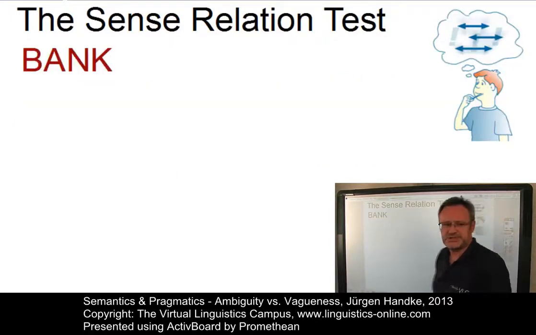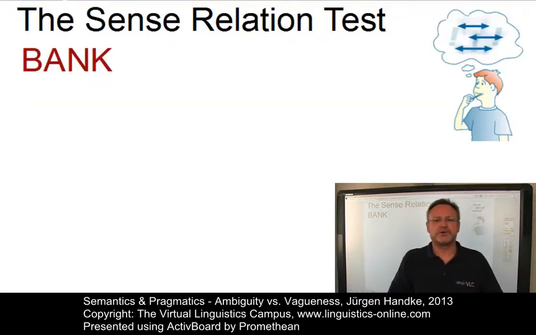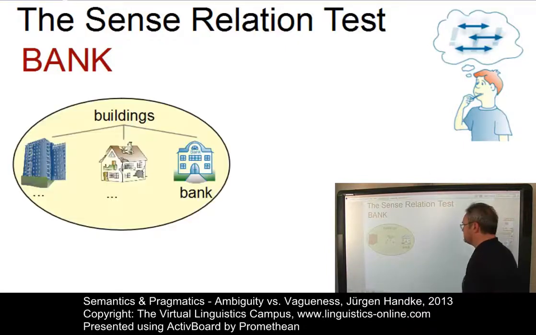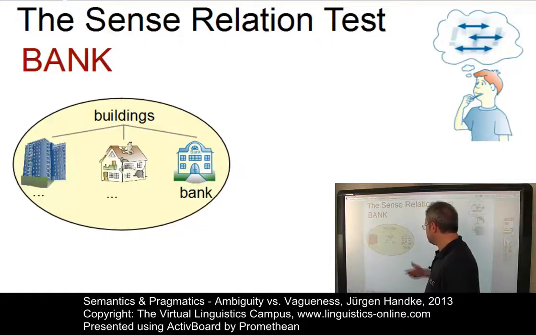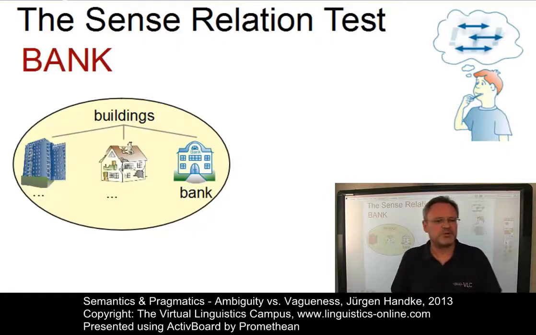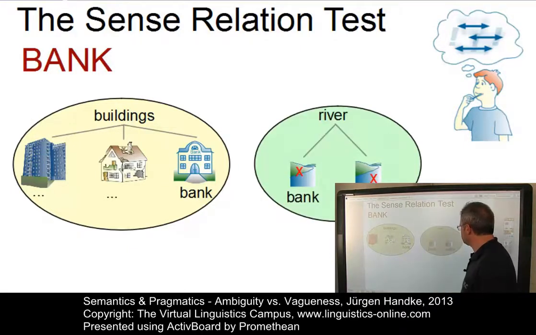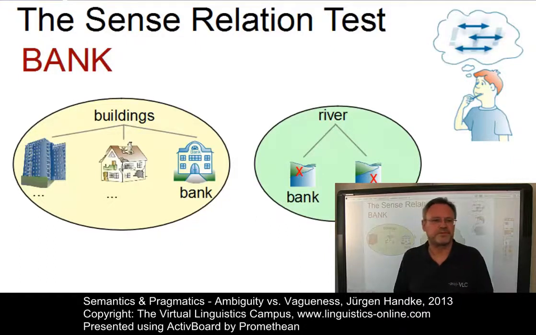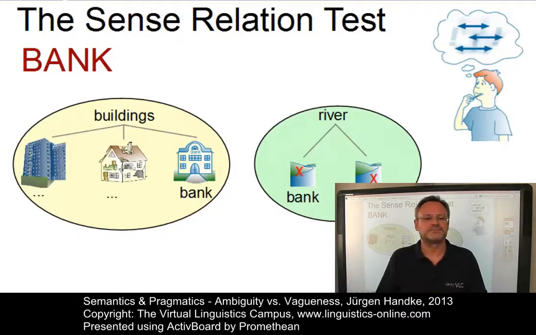Bank is a homonym. It involves different sense relations. For example, in one interpretation, it is a hyponym of types of buildings. And in a second interpretation, it could be seen as a meronym of the holonym river.